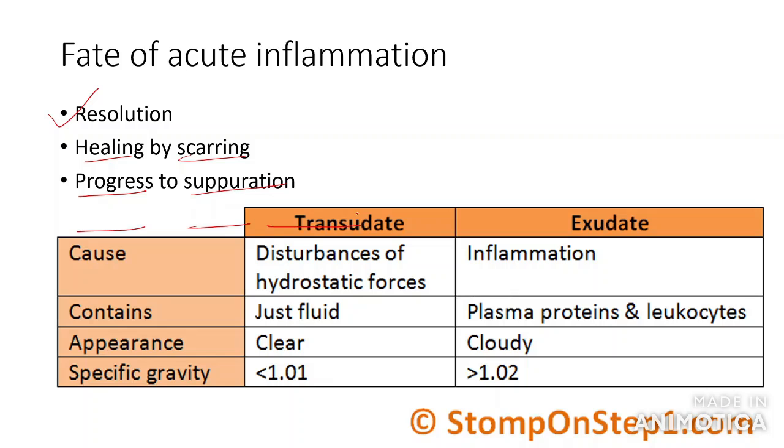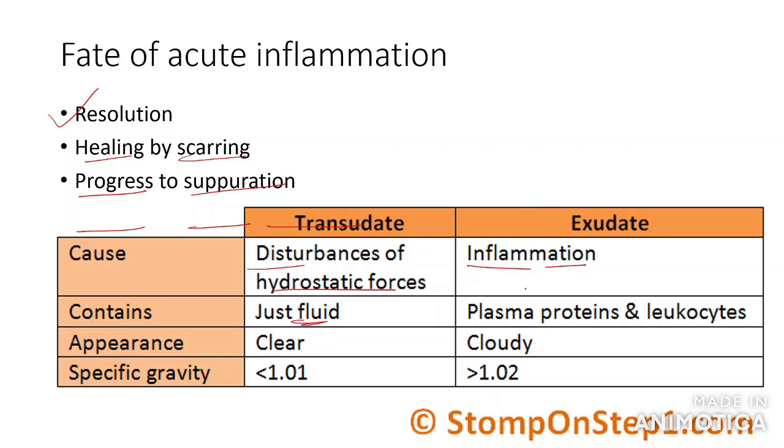Now when we talk about inflammation, we should know exactly what the difference between transudate and exudate is. Transudate is basically due to disturbance of hydrostatic forces. It occurs in disturbance of any hydrostatic forces, but exudate is majorly involved only in cases of inflammation. Right. Now, transudate will contain normal fluids.